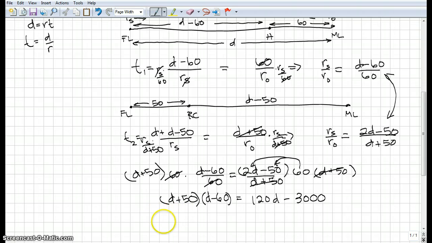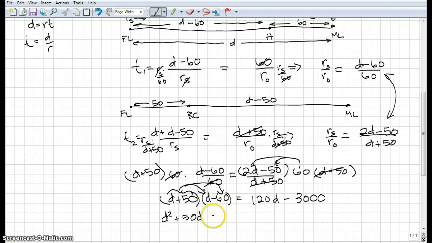So we get D squared. Now I'm taking D plus 50 times D, so I can say that's plus 50D. Basically I've taken this whole thing and distributed it to the D, and now I'm going to distribute it to the 60.